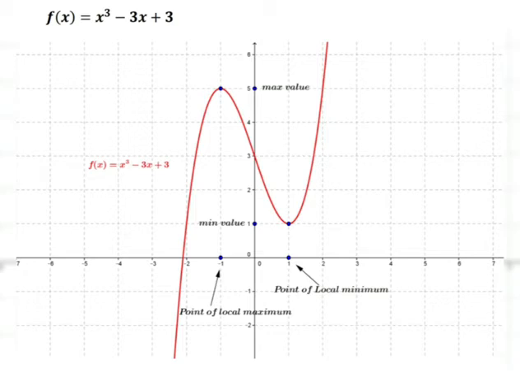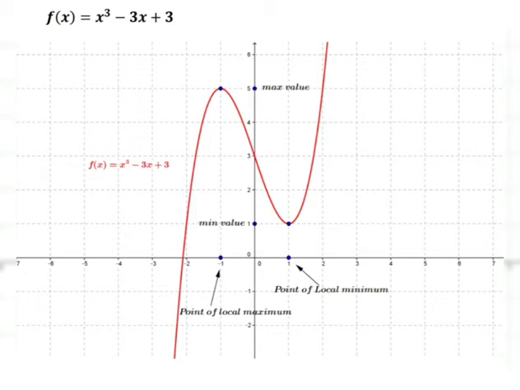And you know that whenever you have an acute angle, the slope of the tangent will be positive. So the slope of the tangent changes from negative to positive whenever you have a minimum value of the function.